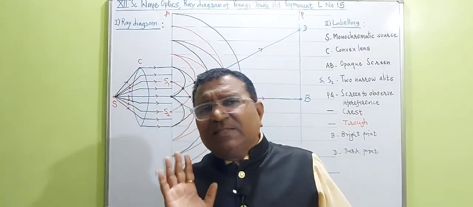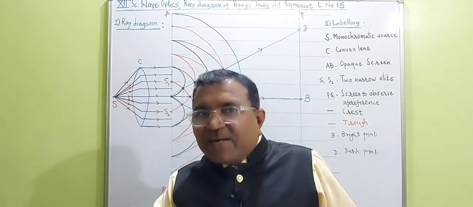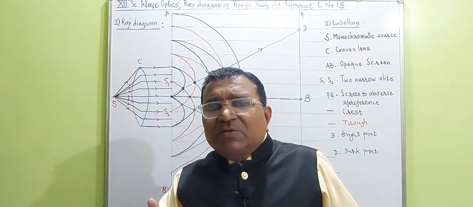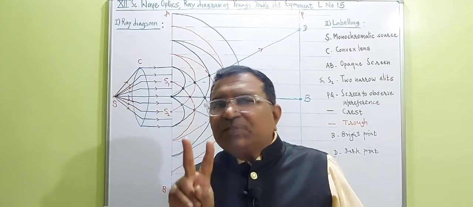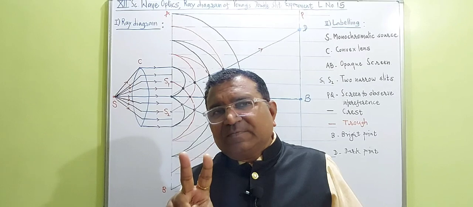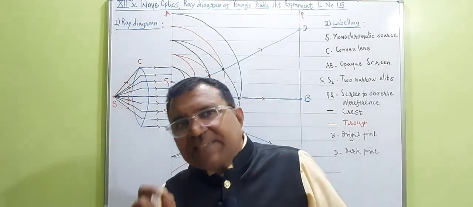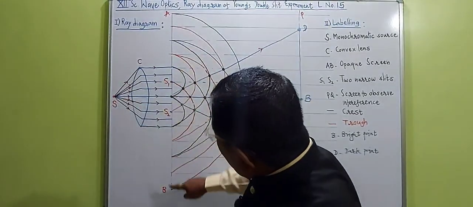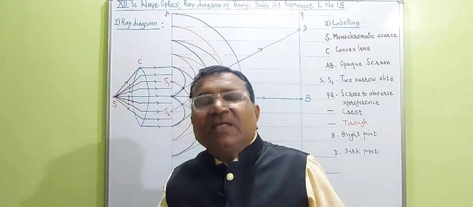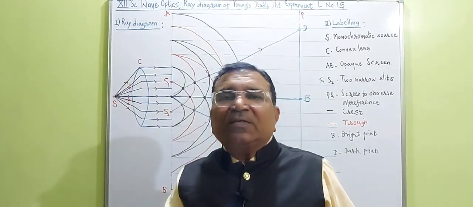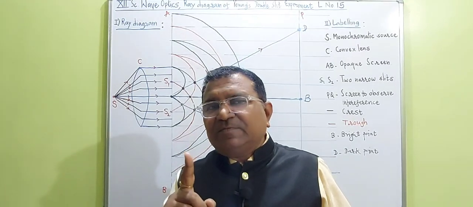I will repeat this sentence in a different manner. The plane wavefront which is to be incident on the opaque screen AB is formed by making use of two methods. This is the first sentence.